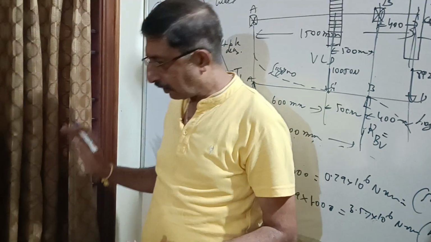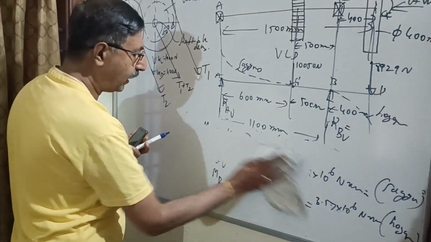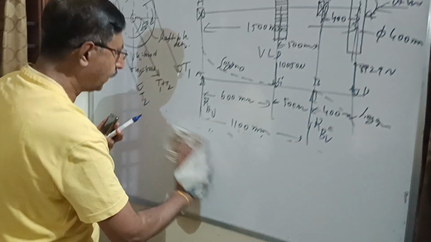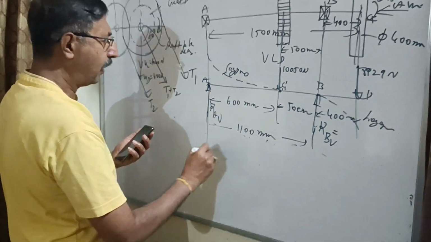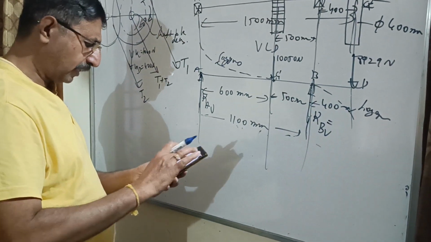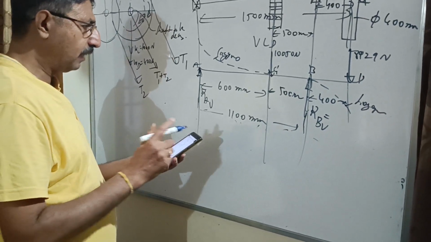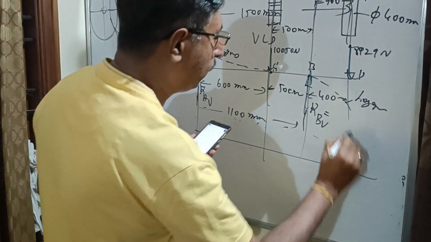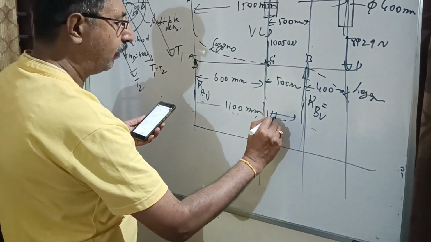Now, once you find that, the next thing is to draw the bending moment diagram. You don't have to take any scale; approximately, you can draw it proportionately. We call it the vertical bending moment diagram, VBMD.